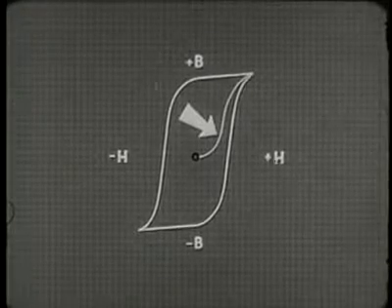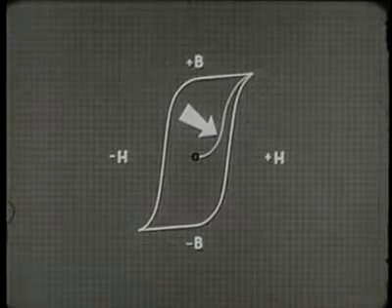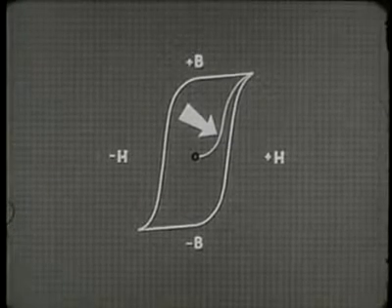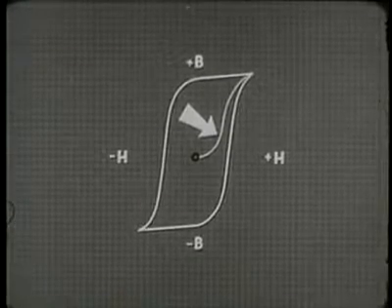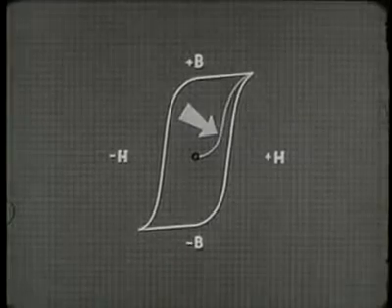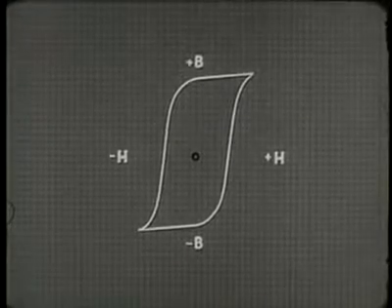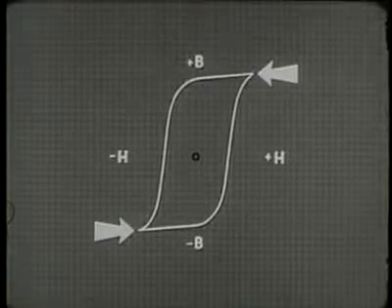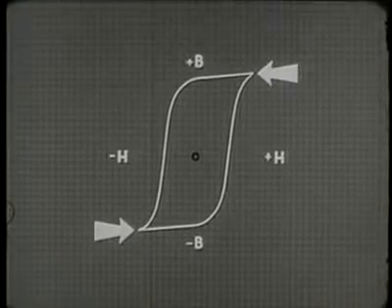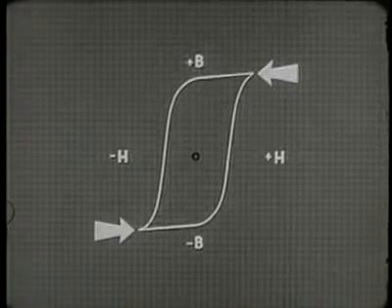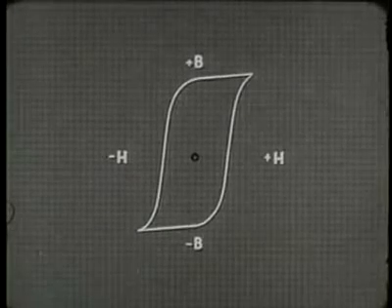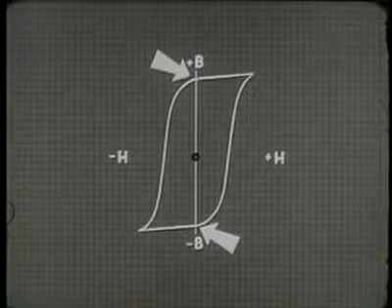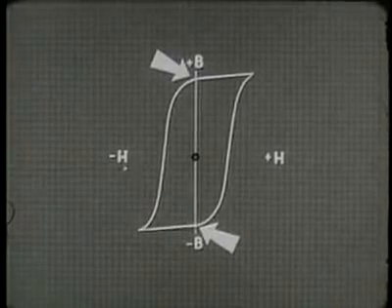The original S-shaped curve is produced only when we are first magnetizing the core from a completely unmagnetized state. From then on, we're concerned only with the rectangular loop, which tells us the limits of saturation that can be reached with dot and non-dot current. Also, the amount of magnetism that will remain in the core after the current stops.